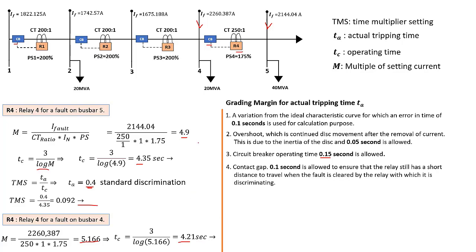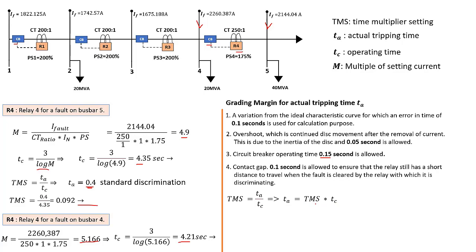And then we move on to calculate TA. Remember, the first actual tripping time for this relay was based on the standard discrimination, but for busbar 4, we need to calculate it using the TMS value. So using the TMS value, we can deduce that TA is equal to TMS times TC.